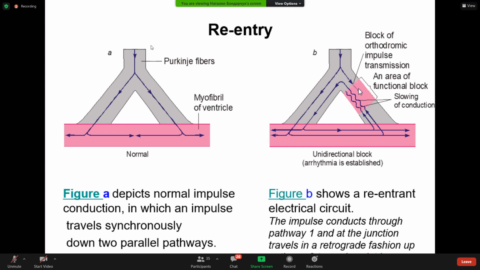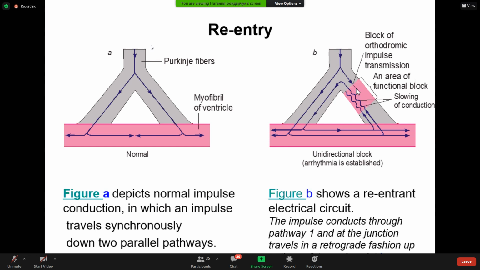The orthodromic impulse can't go down the right pathway, but the impulse travels in the opposite direction. So the impulse conducts through pathway 1, enters the junction, and travels in a retrograde fashion up pathway 2 towards point B.